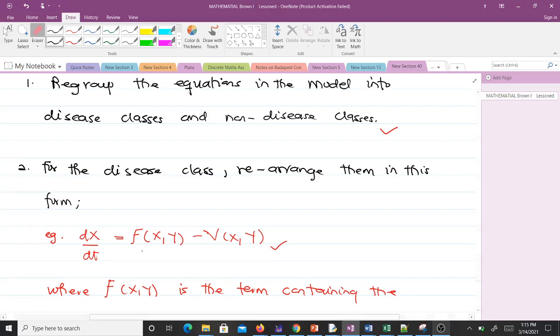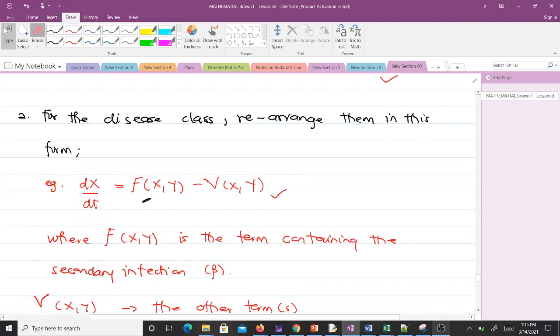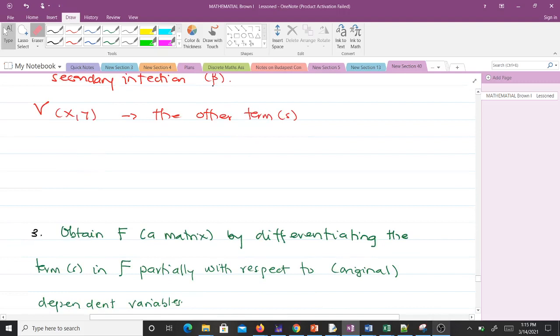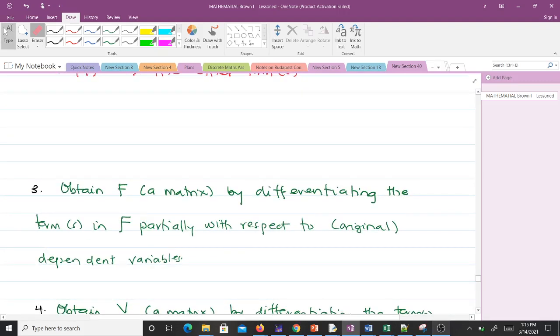Where our Greek F of x, y is a term containing the secondary infection rate beta, and Greek V of x, y contains other terms. Okay. Alright. Then after getting our Greek F and Greek V, we have to obtain f from this and we have to obtain v from this.